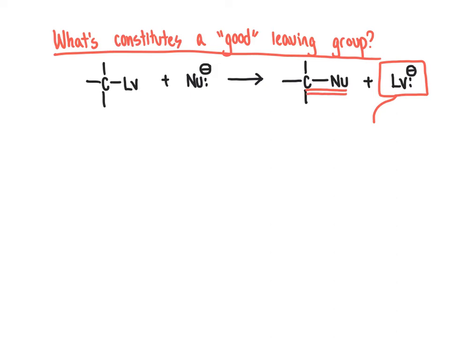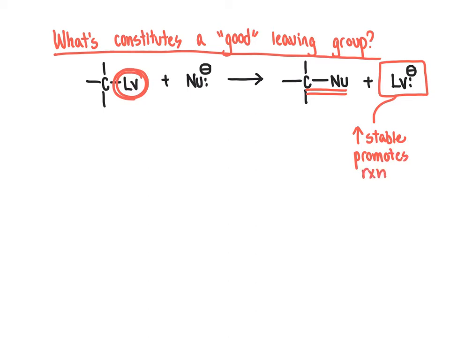So we can't really alter that, but we can alter what we use as our leaving group, since that's what's going to break away during the course of the reaction and essentially be trashed at the end. So if we can create a situation where this leaving group product is more stable, that's going to promote the nucleophilic substitution reaction taking place.